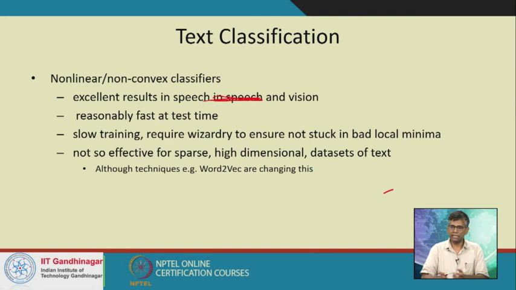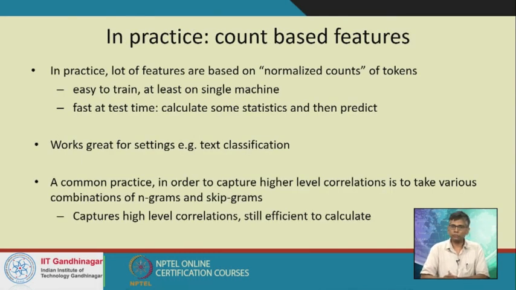However, it's still not clear that they can beat the very practical systems that are robust, that are formed by much simpler means. Okay, so in practice, what is still very useful are what I call count-based features, right? And these slides are actually from a talk by John Langford.